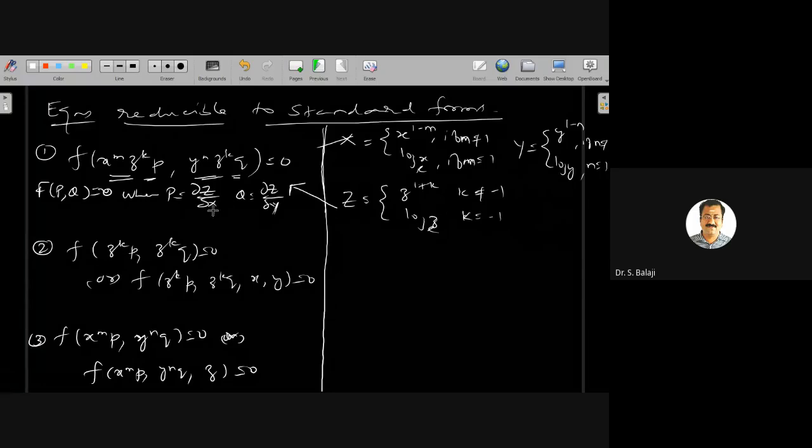Dou capital Z by dou small z, dou small z by dou small x, dou small x by dou capital X. That matters, because all the x, y, z get the idea. So under this substitution, you can get this idea.